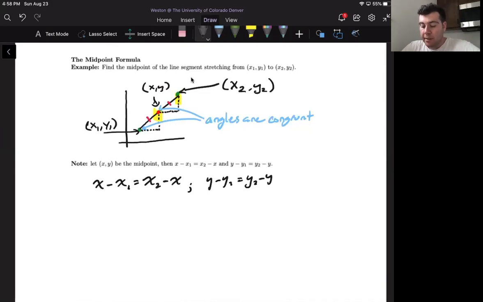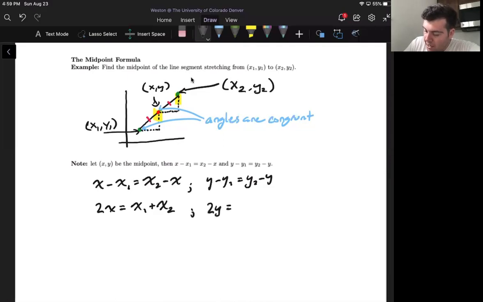Our next step is going to be to find what x and y are in terms of x1 and x2 and y1 and y2. So we'll just add terms over. So we get that 2x equals x1 plus x2. That was adding x1 to both sides and also adding x to both sides. And the same thing happens for y.